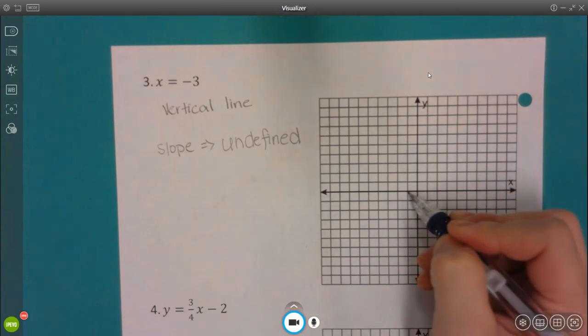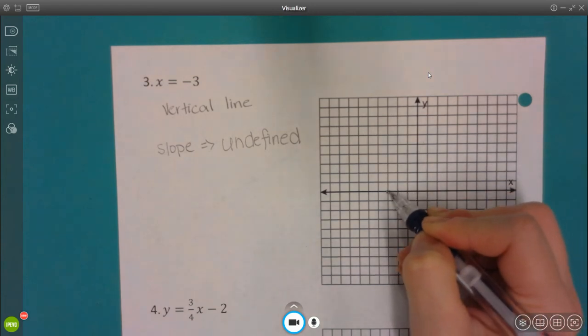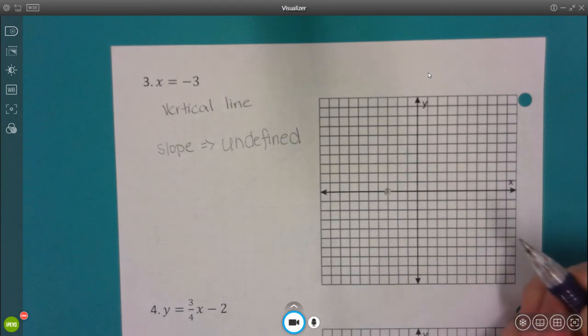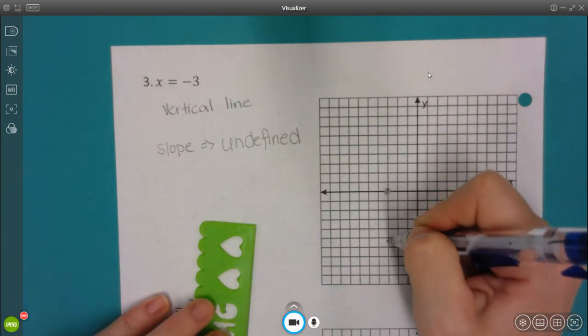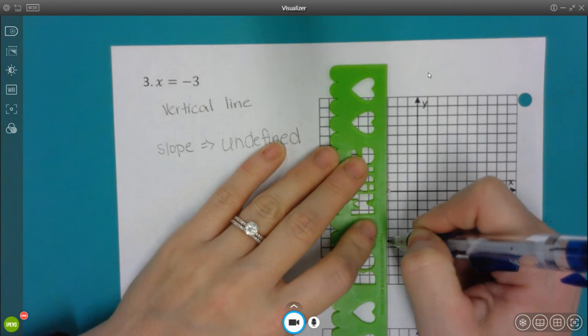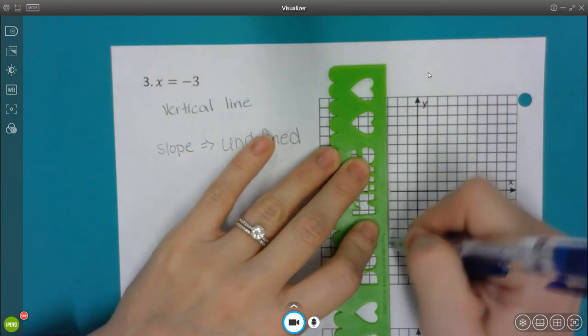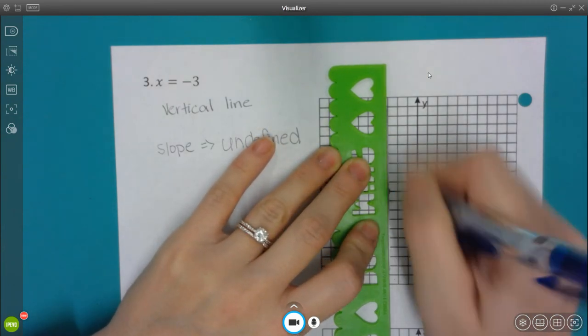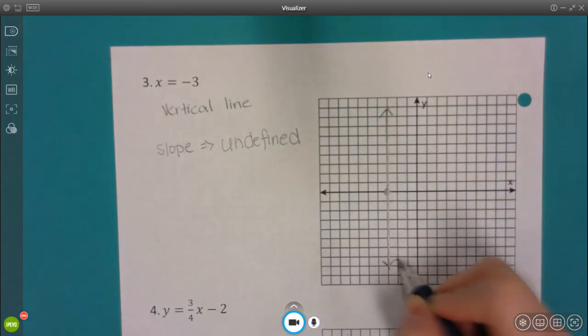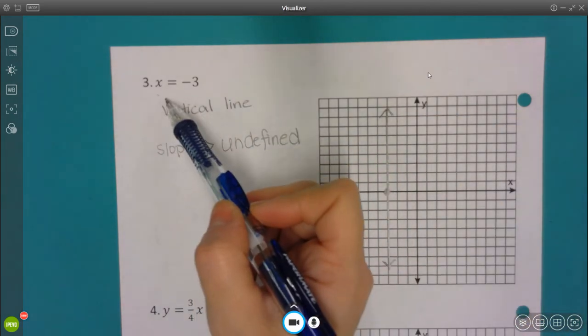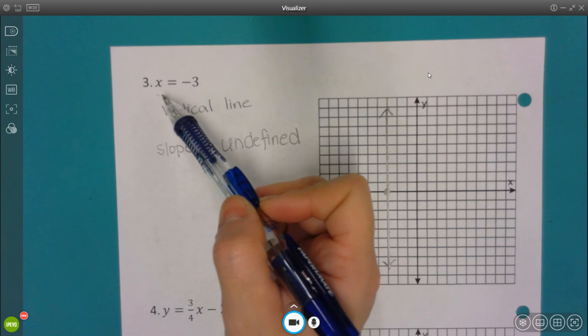So if I go over to where x is -3, all of the other points, both up and down on this vertical line, are where x is equal to -3. So all of these points on this vertical line would count within this defined line.